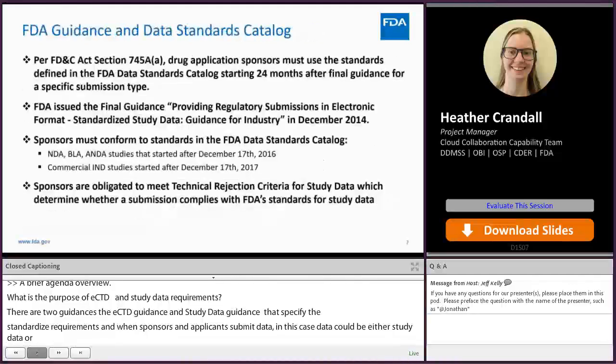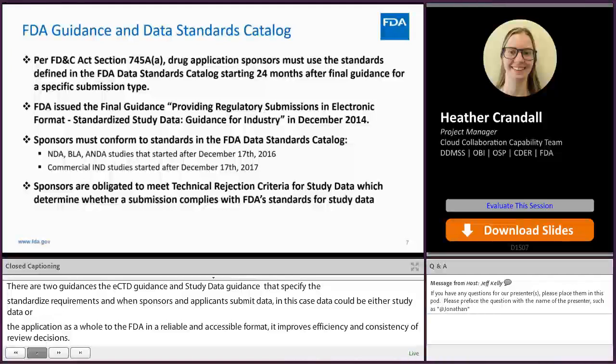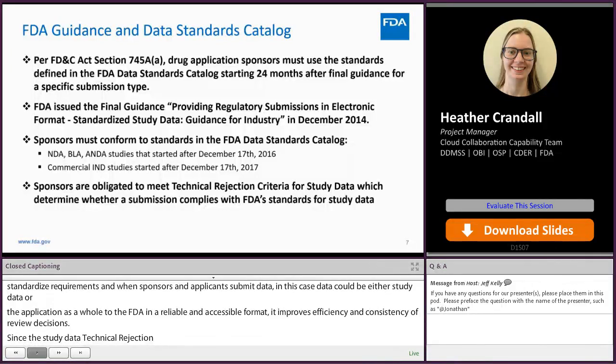And since the study data technical rejection criteria is coming mostly from the study data guidance, I'm going to focus on that one. So the study data guidance says that for ANDA submissions that have studies with a study start date after December 17, 2016, those studies must conform to standards in the FDA Data Standards Catalog.